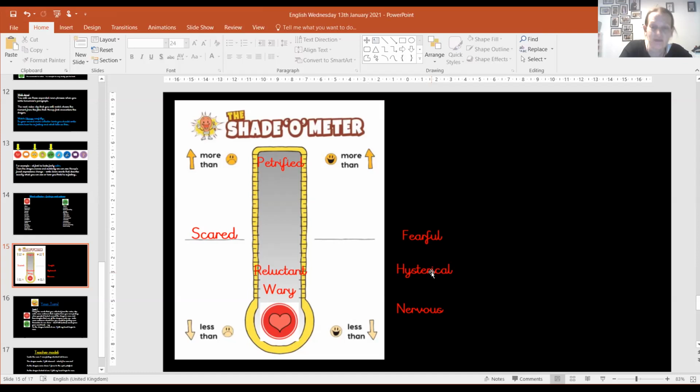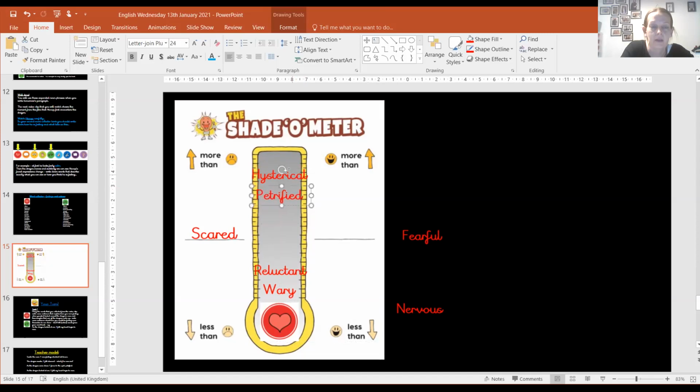Hysterical. Now, hysterical is when you panic and your body goes into lots and lots of different states. You might breathe heavily, you might not be able to think straight. So I'm going to put hysterical probably above petrified. I'm going to move petrified down. I think hysterical is quite an extreme version of scared. Hysterical is pretty high up there.